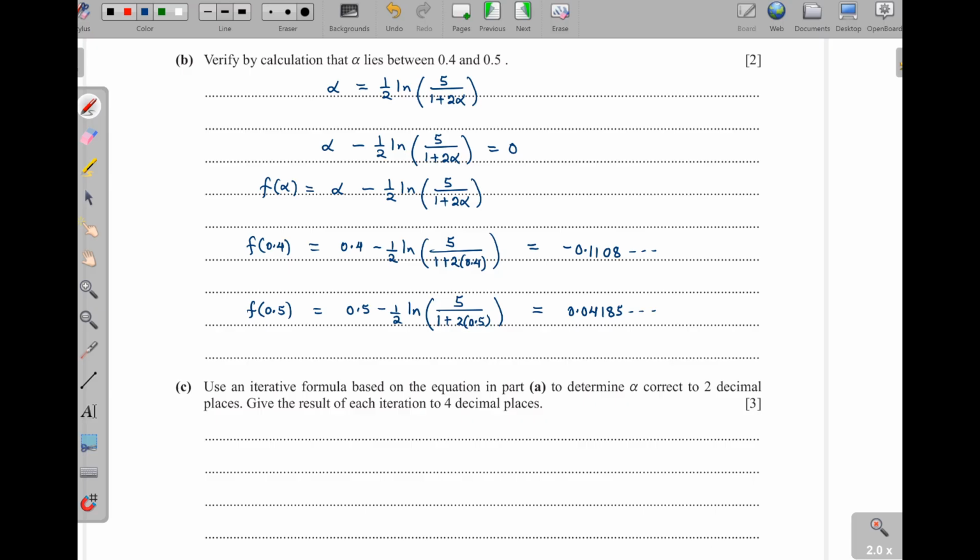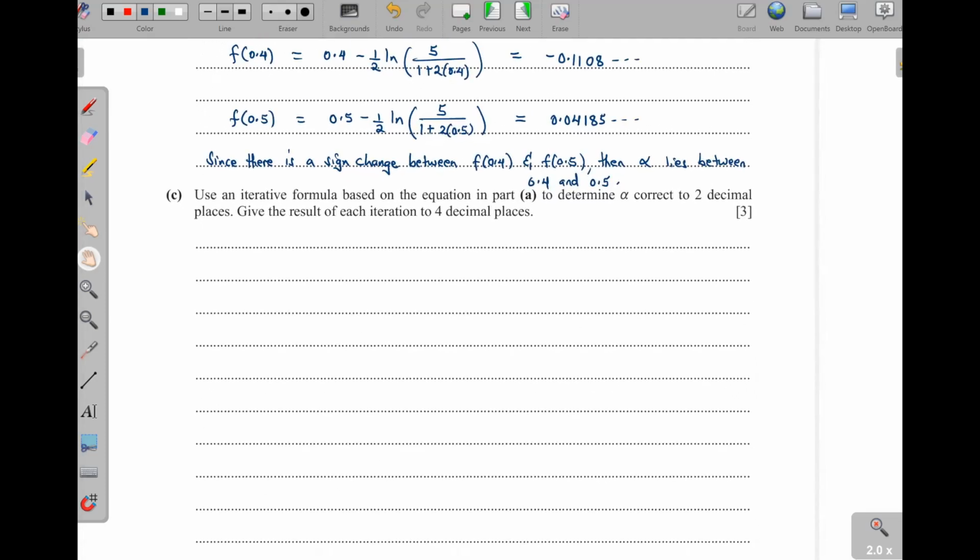Then I can conclude and say, since there is a sign change between f of 0.4 and f of 0.5, then I write this. Then alpha lies between 0.4 and 0.5.